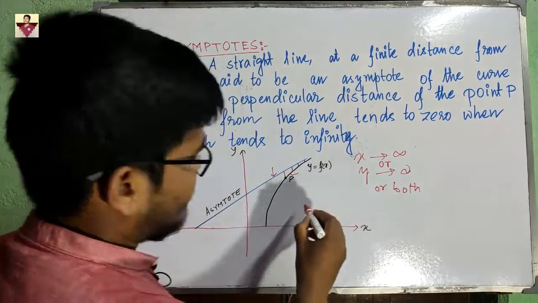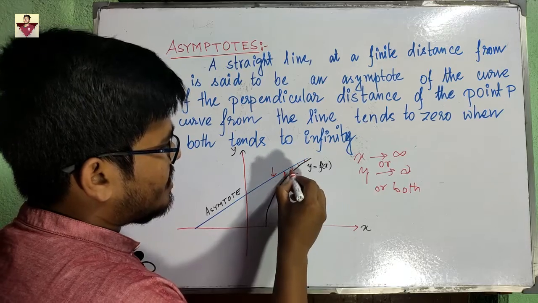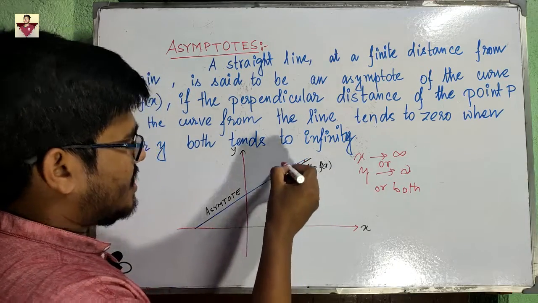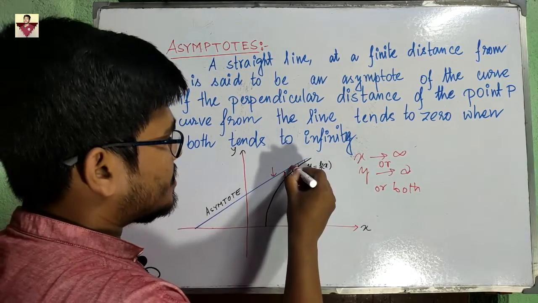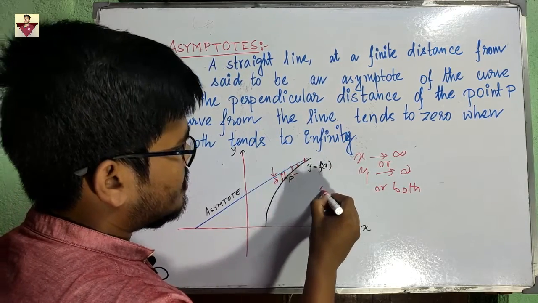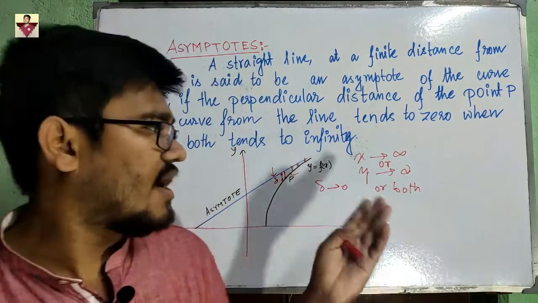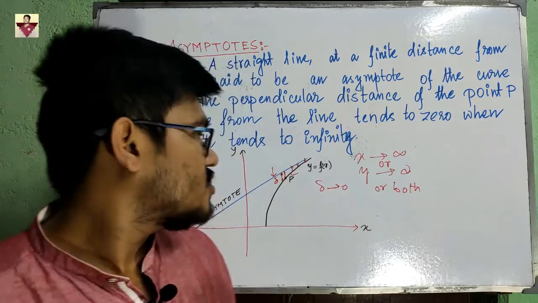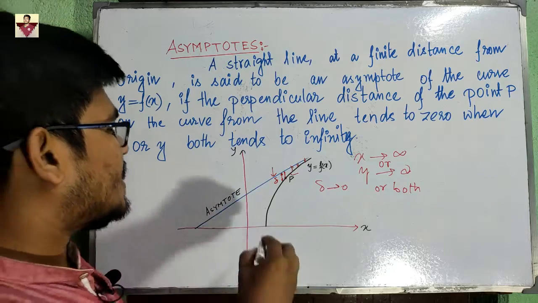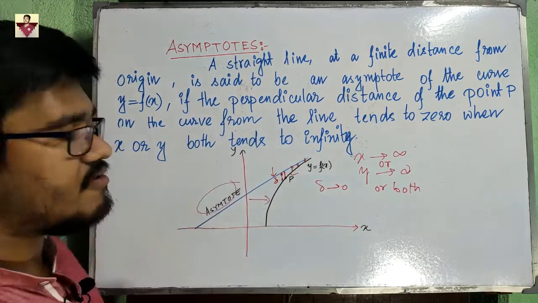So like here, as x tends to infinity and y tends to infinity, this perpendicular distance between the curve and the straight line goes on decreasing. So we can say this distance delta will go to 0 when x tends to infinity, y tends to infinity, or both. So we will then call this straight line an asymptote of this curve y equal to f(x).